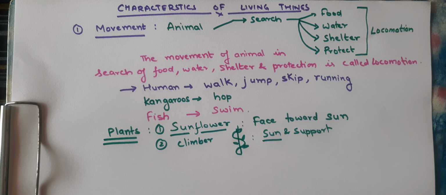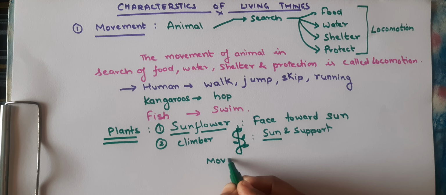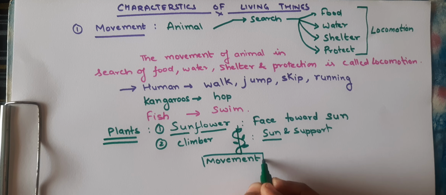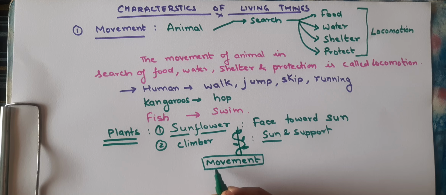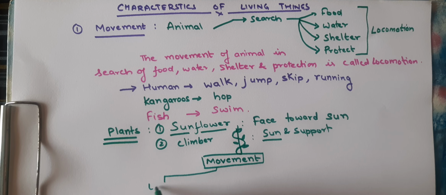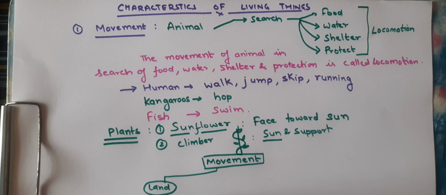So the movement of living things, I will make an easier chart for you so that you understand. If there is land, what kind of movement can we observe? On land we can observe walk or run, okay?